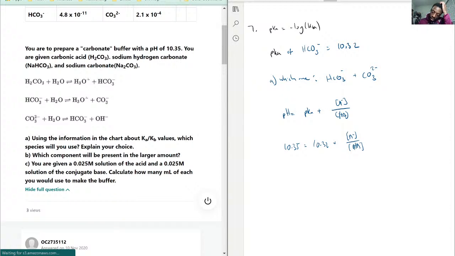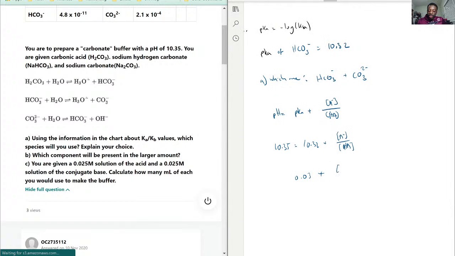So now if we subtract, 0.03 is the difference between the concentration of base and the concentration of HA. pH equals pKa plus that.